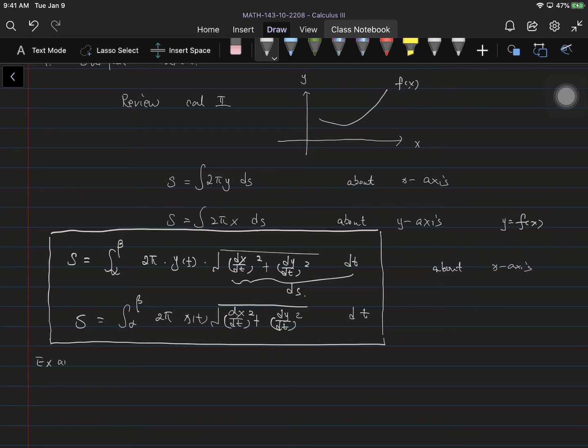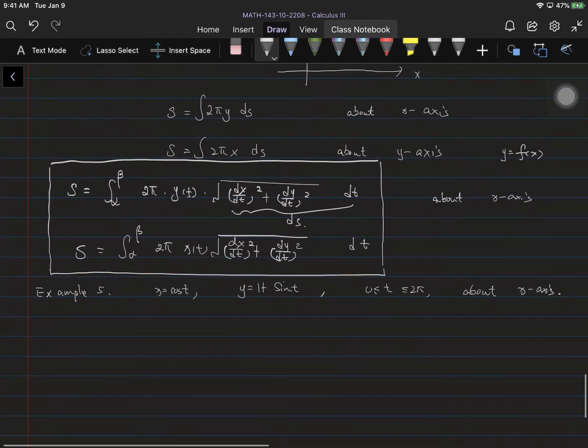Example 5. x equals cosine t, y equals 1 plus sine t, parametric equations, and t from 0 to 2 pi. Rotate this about the x-axis.